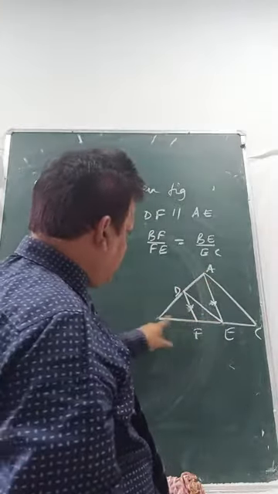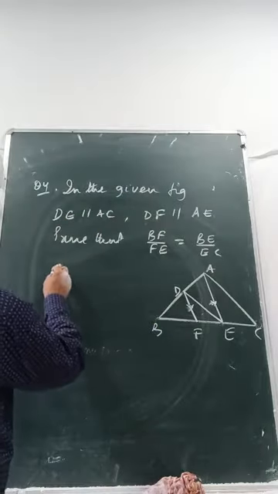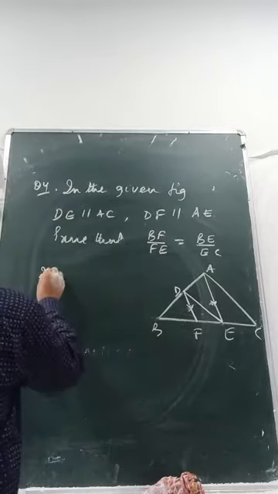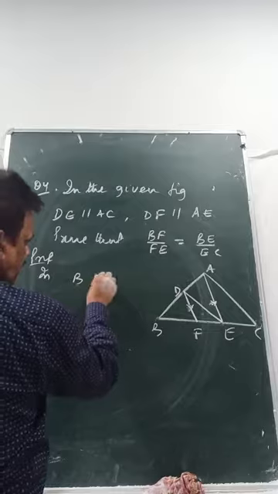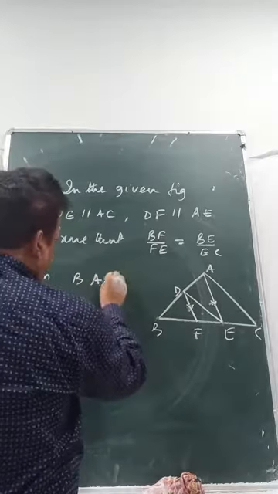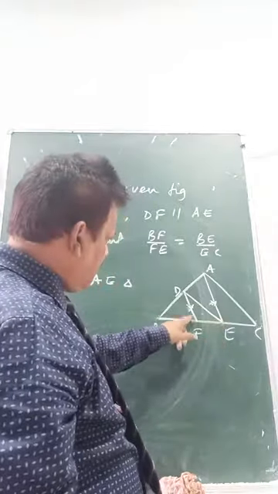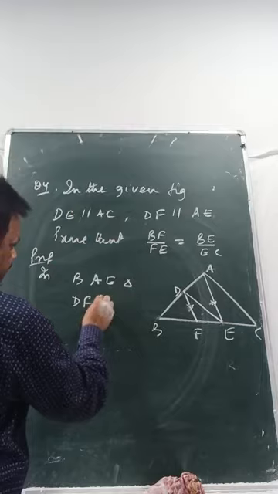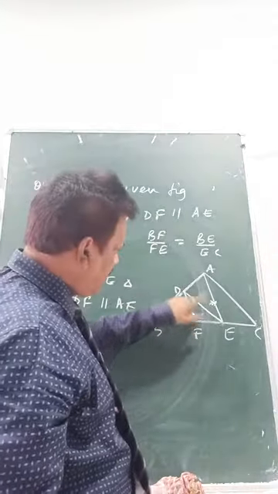In BAE triangle, these two are parallel, DF parallel to AE.